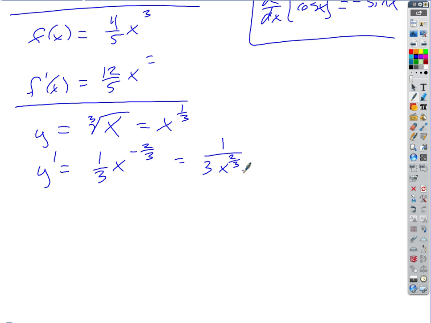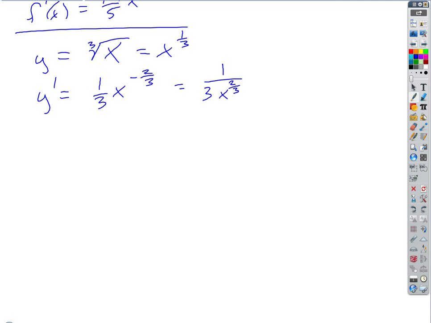What if I had, so how would I deal with this one? What if I had something like y equals 1/2 times the square root of x on the bottom? First you would have to get the x into the numerator. How would I write that x as a fractional power? x to the 1/2. Okay, but if it's x to the 1/2 on the bottom, then it becomes what? x to the negative 1/2, right?